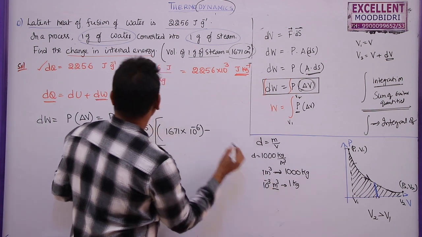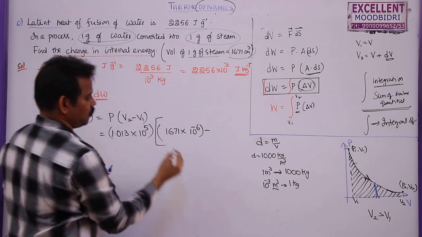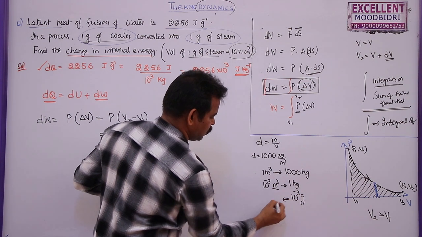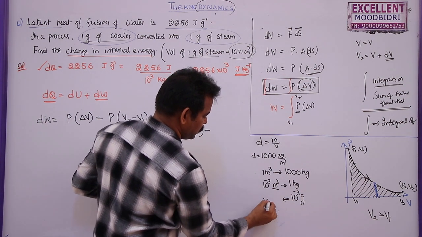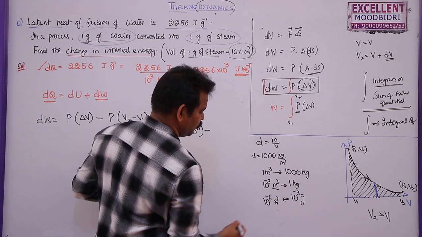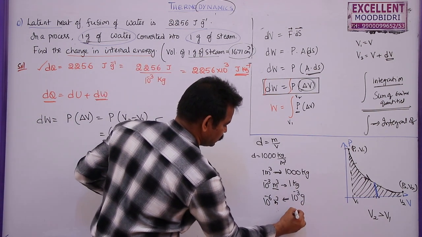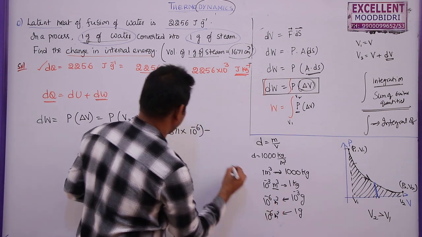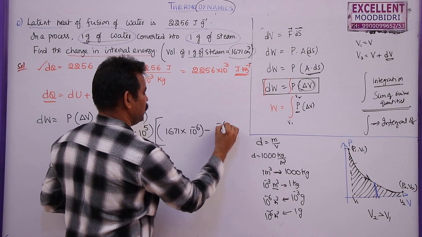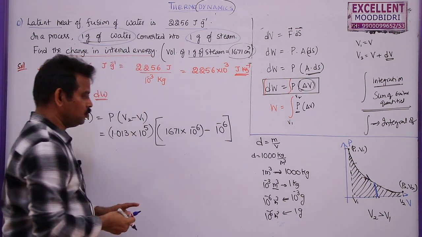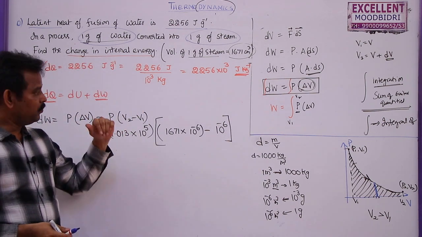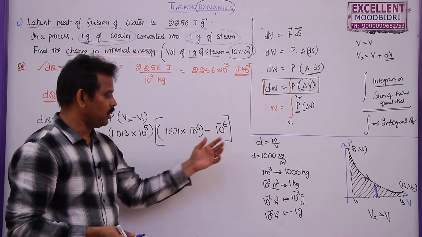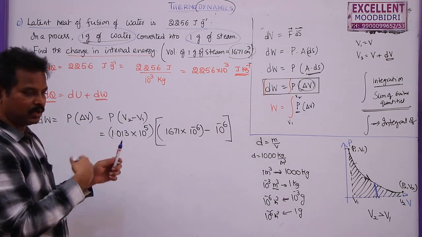So 1 gram is 10 power minus 3 kg, multiplied with 10 power minus 3, you get 10 power minus 6 meter cube. So 1 gram is equal to 10 power minus 6 meter cube, and I can write it directly here. To solve the problems, before learning the formula, you should know how to convert the data into the SI system or CGS system into the required systems.